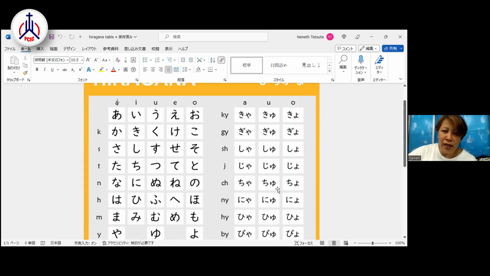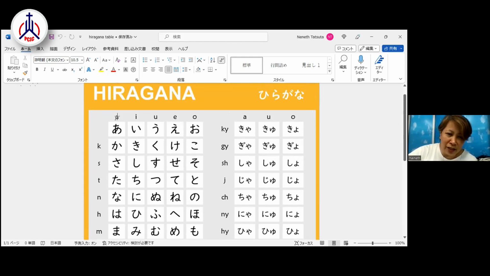So this is the hiragana table, and you can see there is A, I, U, E, O. These are the vowels in hiragana. By the way, we have three kinds of writing in Japanese. Number one is the hiragana, this one. Number two is the katakana. And number three is the kanji.